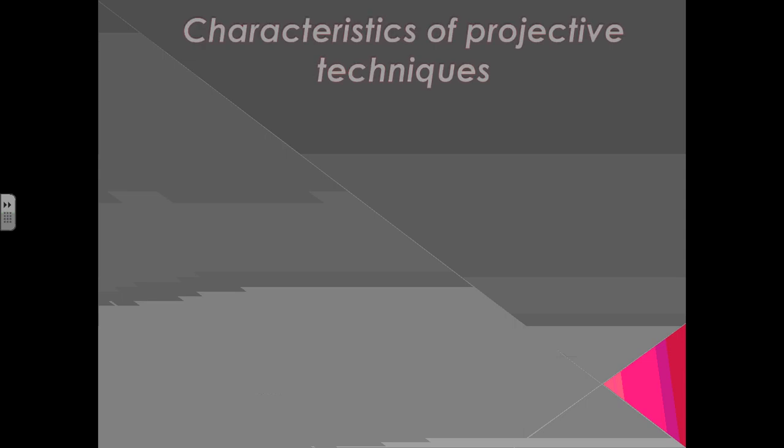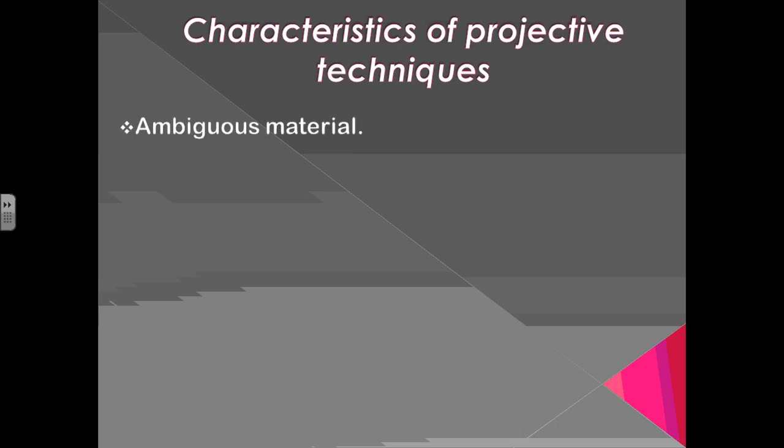Now, we will discuss the characteristics of projective techniques. The first characteristic feature of projective tests is that it consists of ambiguous material. Projective tests often use ambiguous material to which the subject must respond freely.